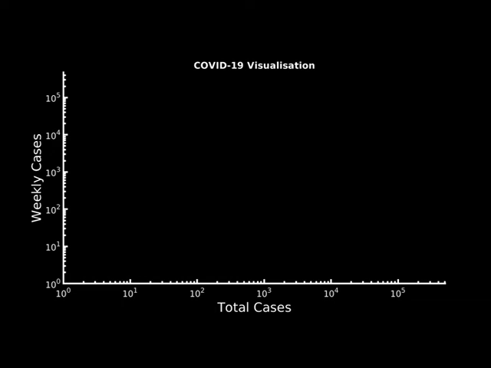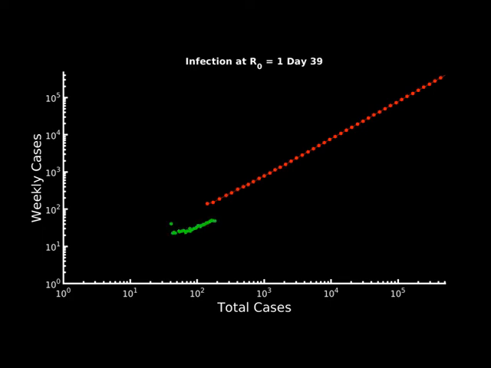So let's go ahead and start with a case where R naught equals 2. You can see that on this graph you have a straight diagonal line, and it takes about 51 days for there to be over 100,000 cases. So what happens when R naught equals 1? You can see that it takes much longer.